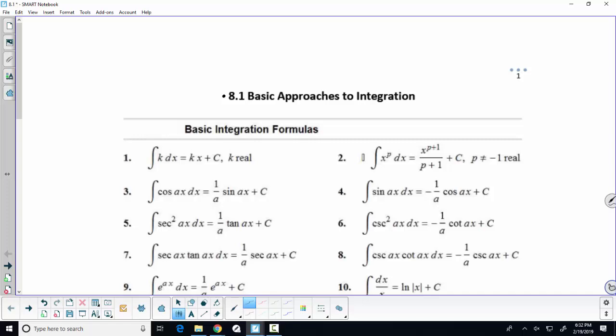8.1 is basic approaches to integration. There's a section in Chapter 8, 8.6, that's also other integration techniques. We won't cover that because it's more or less a collection of 8.1 through 8.5, just put in the same section. The advantage of looking at these things piece by piece is that if I'm in section 8.2, all of those problems are going to involve integration by parts.